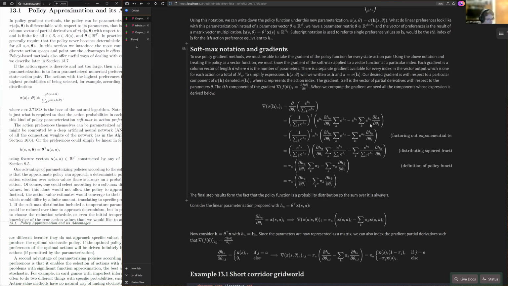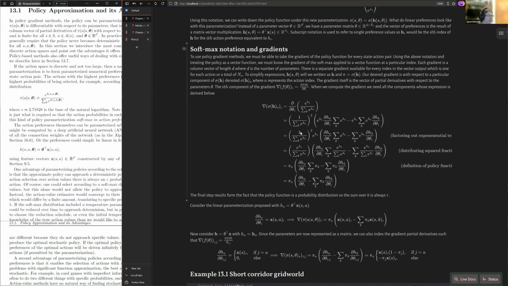But we end up with this common term, e to the h sub a, where a is the action index that we care about. So we can factor that out. And then there's this little trick in this derivation where you can see this squared term. I'm actually going to split it in half.